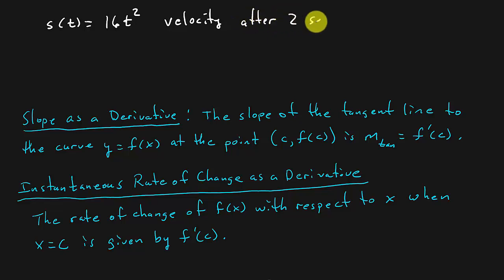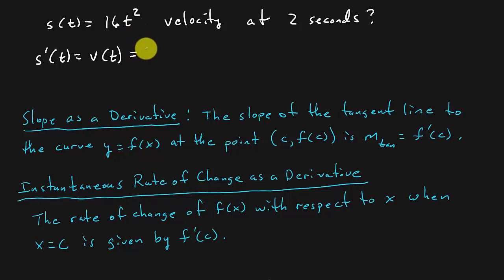after 2 seconds, or what's the instantaneous velocity at 2 seconds? Well, what we would do is find the derivative. The derivative of s of t is the velocity, and we'll use v to represent the velocity.